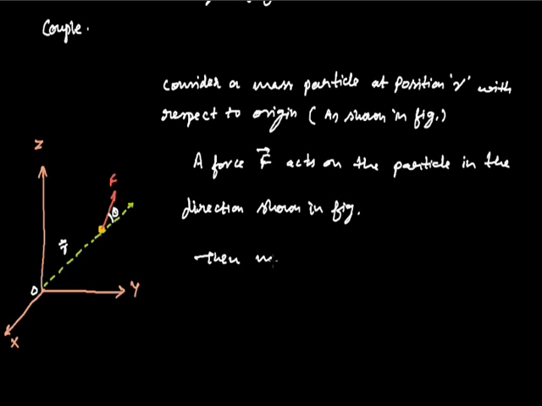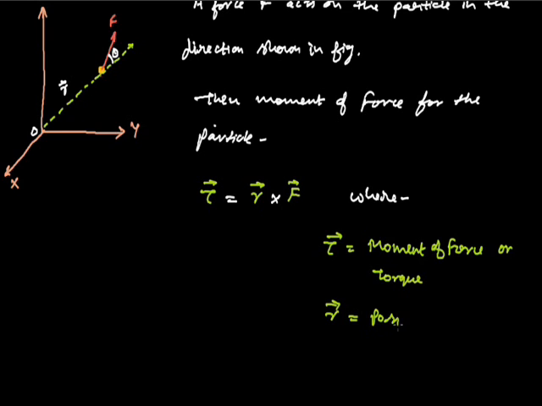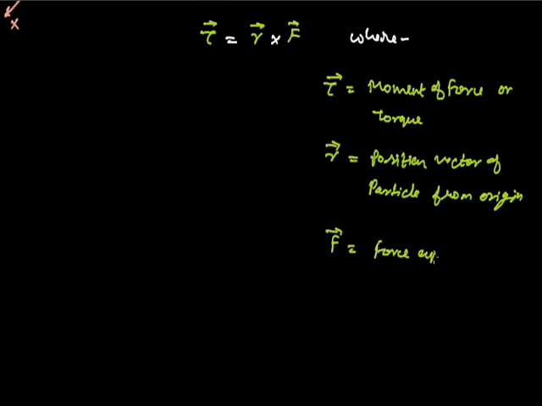Then the moment of force for the particle can be given by tau equals r cross F, where tau is the moment of force or torque, r is the position vector of the particle from the origin, and F is the force applied on that particle.